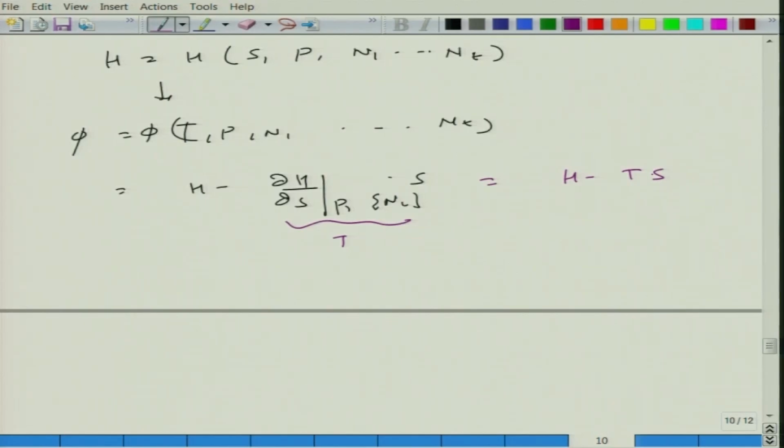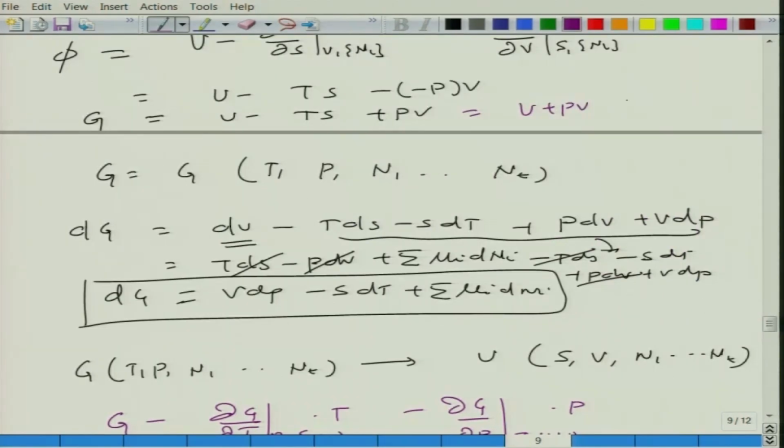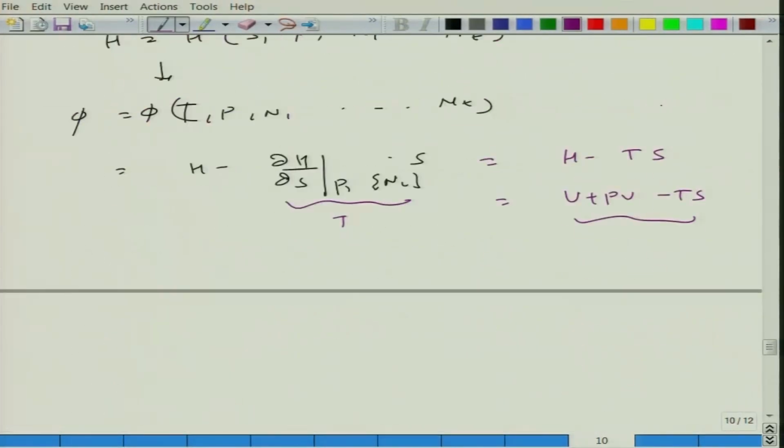But h is nothing but u plus P v, and this expression is the same as the earlier expression when we calculated the function g. If you look at the function g, it was u plus P v minus T s, which is nothing but h minus T s. So, this is the same expression which we obtained here. So, this is nothing but g.